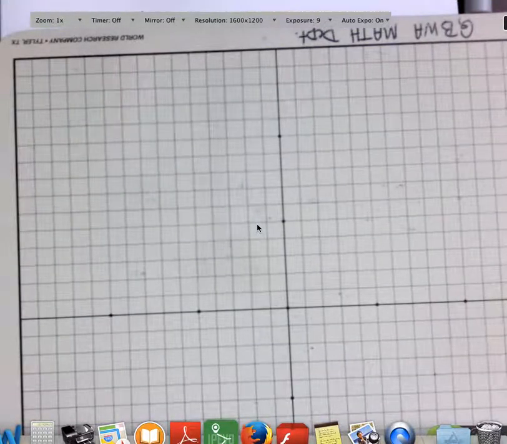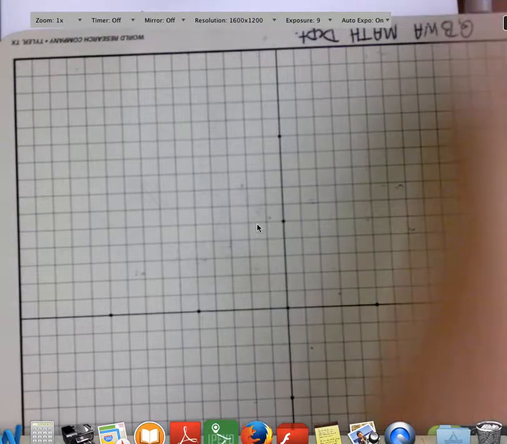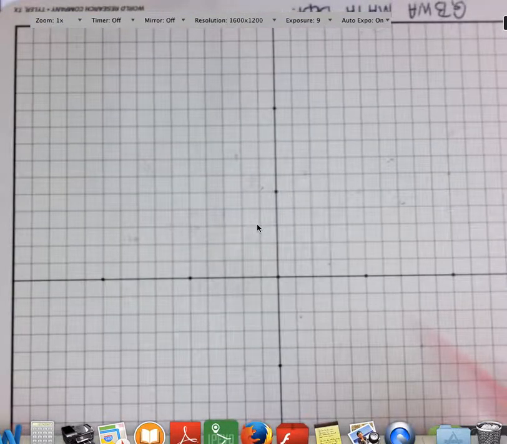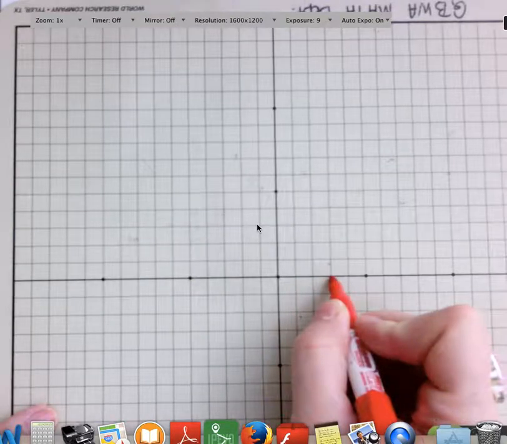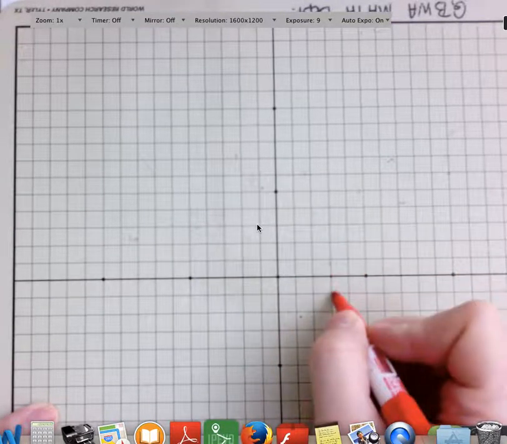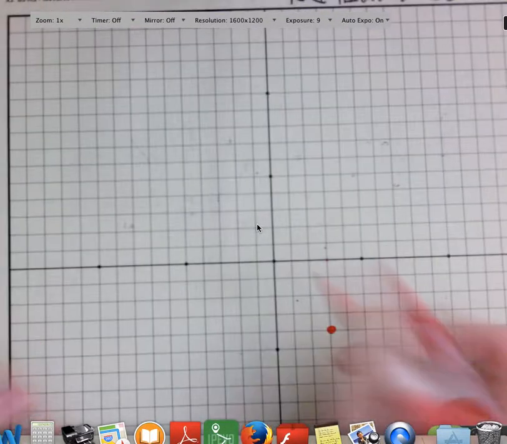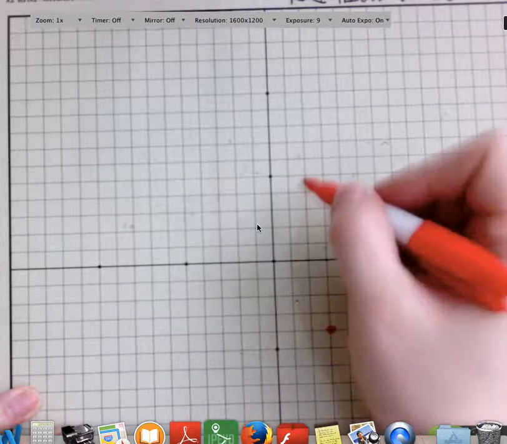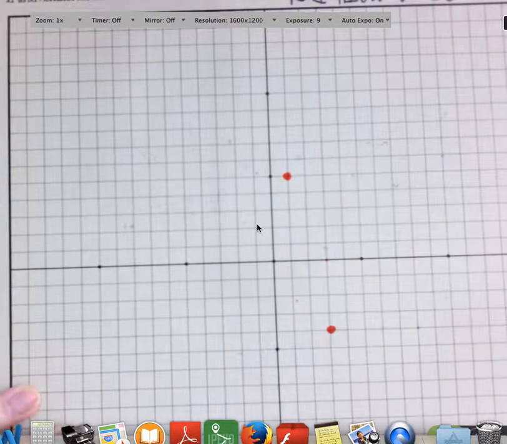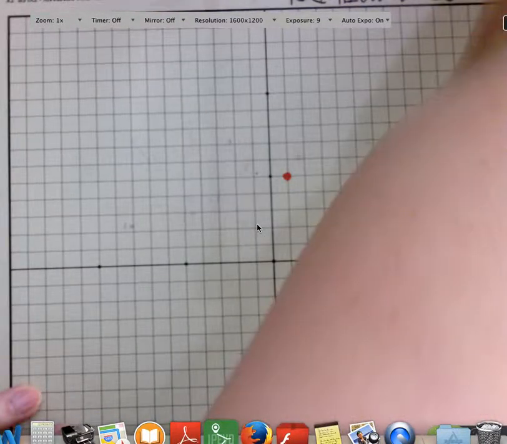So I get my handy dry erase markers out. And my x, I go 3 over 3 and down 4. 1, 2, 3, 4 is my first point. And then was it 1, 5? It was. Over 1 and up 5. So this is my line.